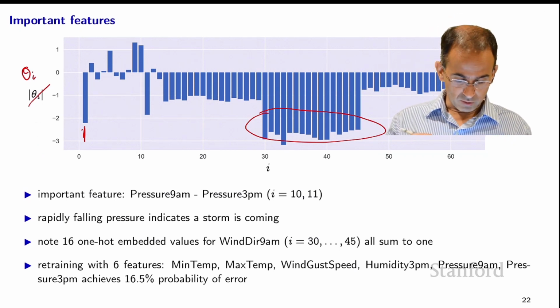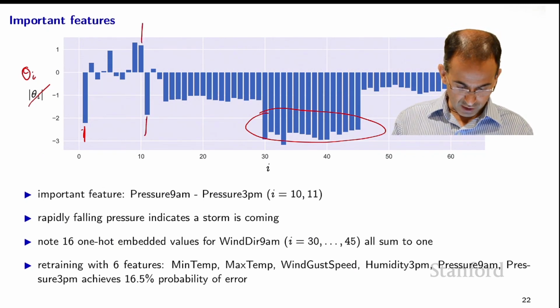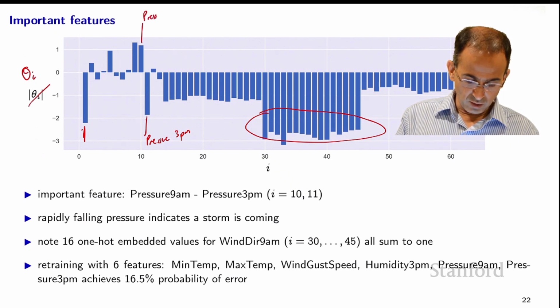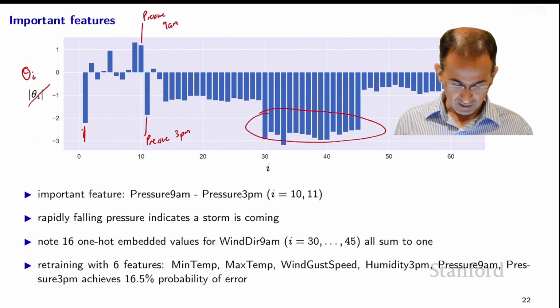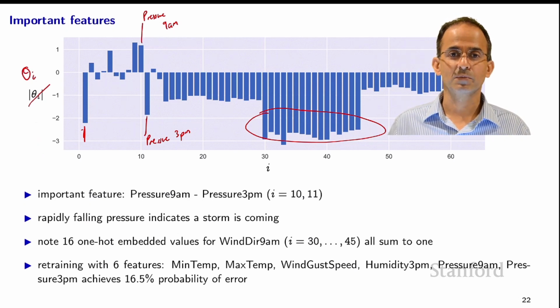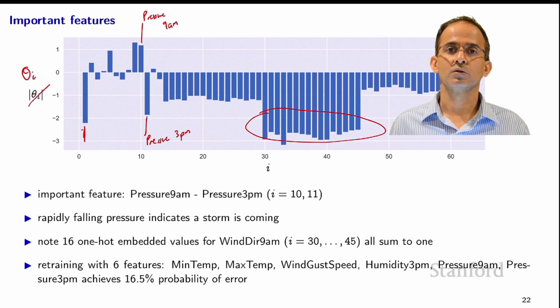Some interesting things are important. This and this. This is the pressure at 3 p.m. and this is the pressure at 9 a.m. And so we've got a predictor here that depends very strongly on the difference between the pressure at 9 a.m. and the pressure at 3 p.m. And so if the pressure is falling, so 3 p.m. pressure is much less than 9 a.m. pressure, then that is a strong predictor of rainfall.